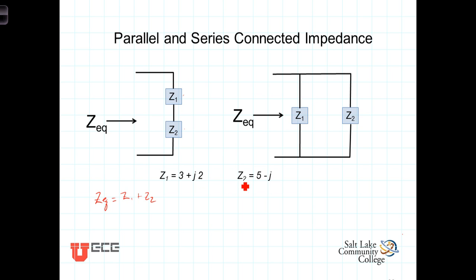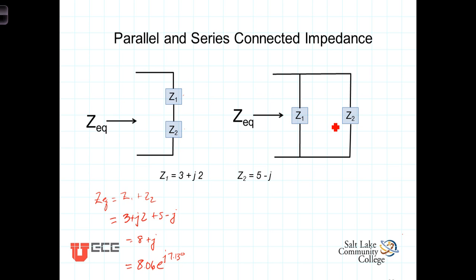And a second impedance, Z2, equaling 5 minus J. Then the equivalent impedance of those two connected in series will simply be 3 plus J2 plus 5 minus J, which equals 3 plus 5 is 8, J2 minus J1 is plus J. That's its rectangular form, and we can also write that in its polar form, which would give us 8.06 for the magnitude, e to the J 7.13.